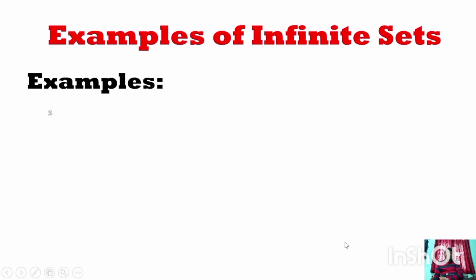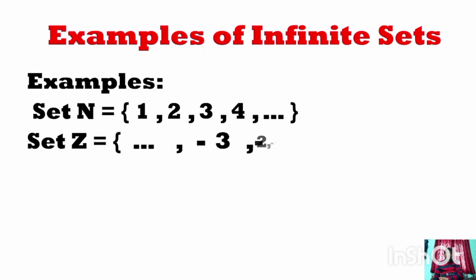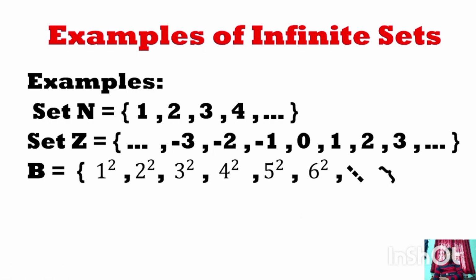Another example of an infinite set, the set N, 1, 2, 3, 4, dot, is an infinite set. Here the set of integers is an infinite set. Here another set V, you see, is also an infinite set. Because we cannot determine, we cannot find the number of elements of the set.